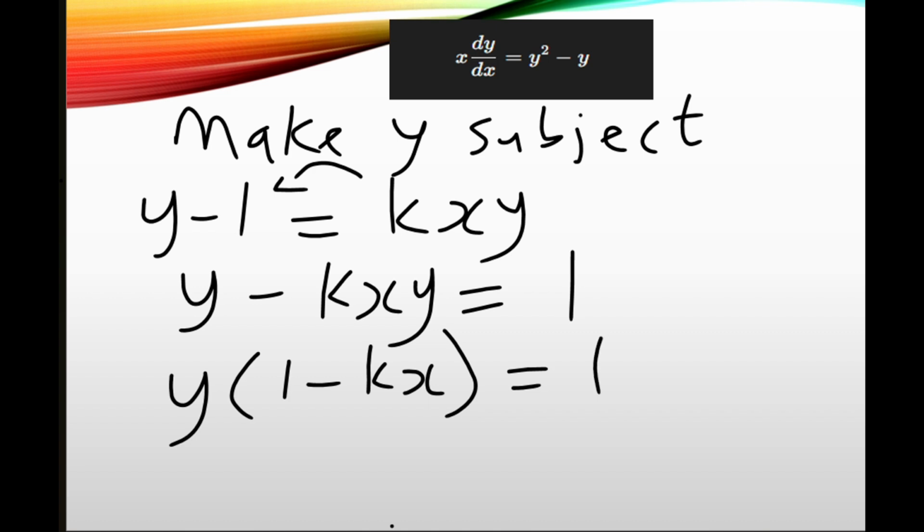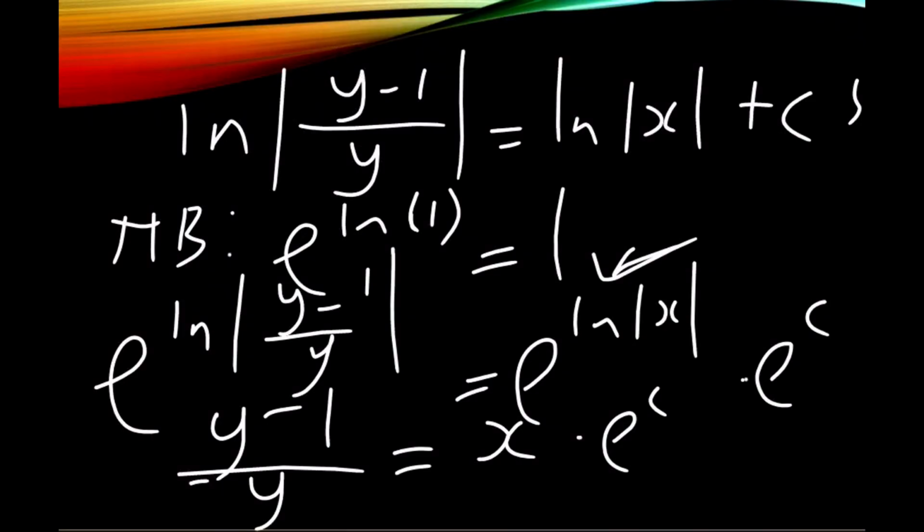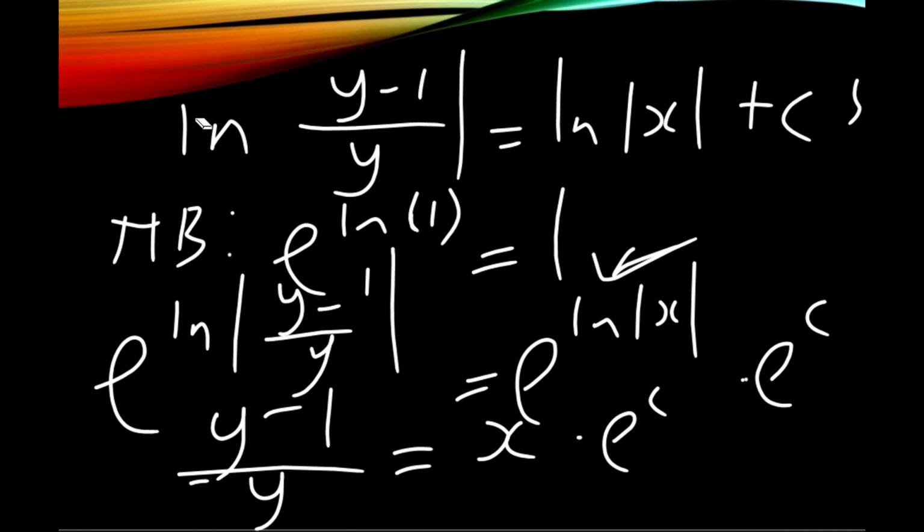Then we divide through by 1 minus kx, and we cancel out. So finally, we've been able to make y the subject. So this is supposed to be our final answer. Let me rewrite this on the next page. So that is our final answer.